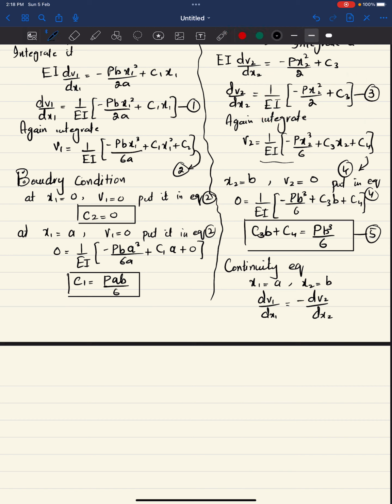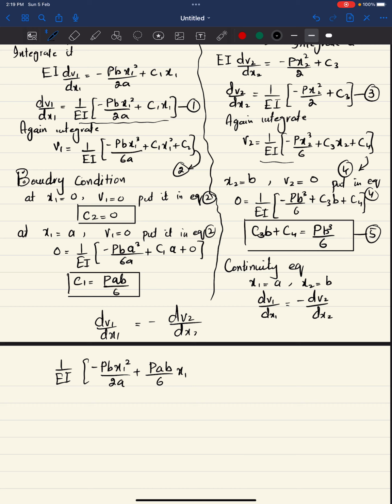So I will write dv1/dx1 equal to minus dv2/dx2. So dv1/dx1 is this term. I will write first 1/(EI) into minus Pb x1²/2a plus C1, and C1 is Pab/6, into x1.